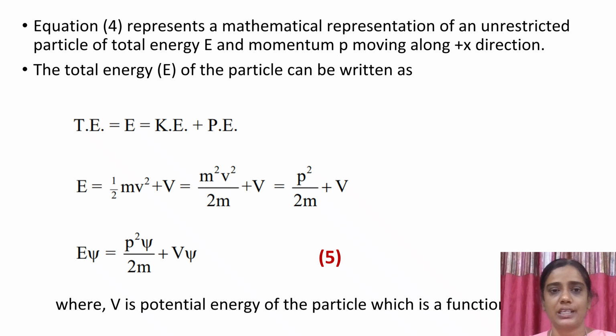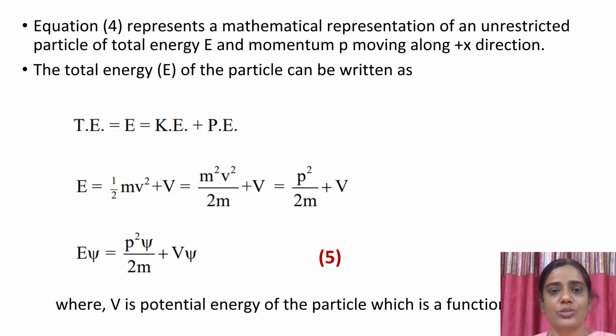representing the potential term. Now, in the first term, the kinetic energy term, we are going to multiply and divide by m. Therefore, it becomes m squared v squared divided by 2m plus V. We know the momentum P is equal to m into v.